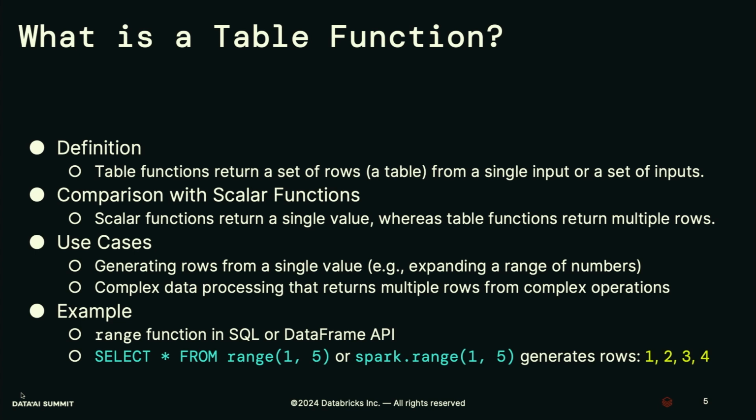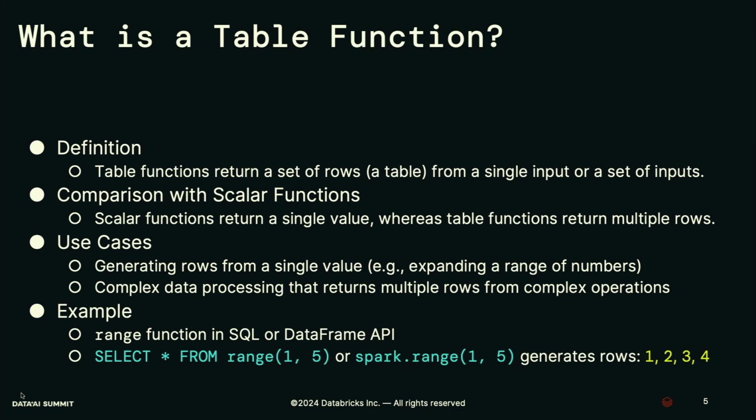of output. For example, the range function in SQL or DataFrame API is a great illustration of table functions. When we use range 1 and 5, it generates multiple rows: 1, 2, 3, and 4.